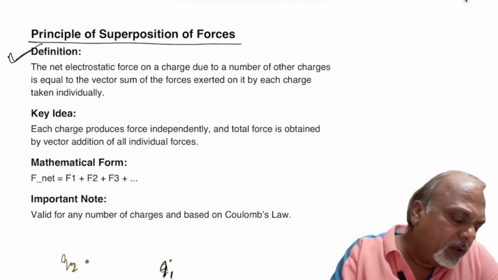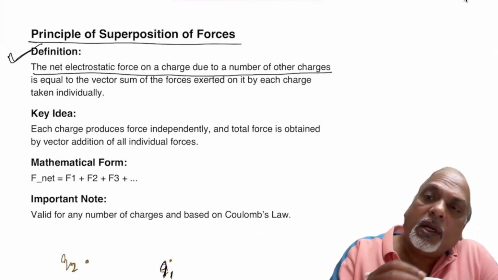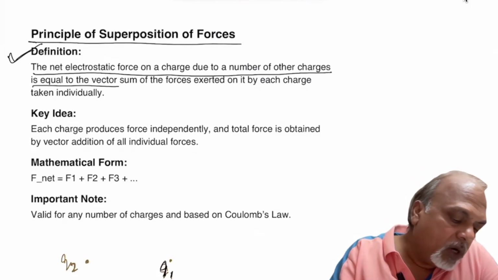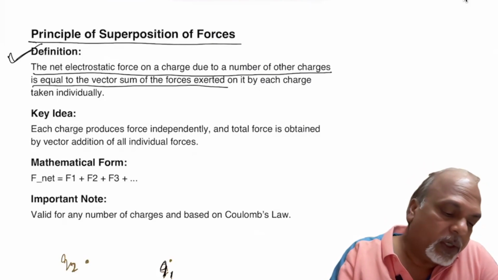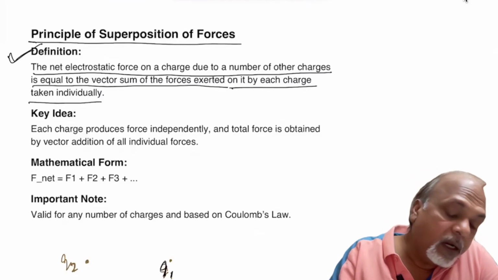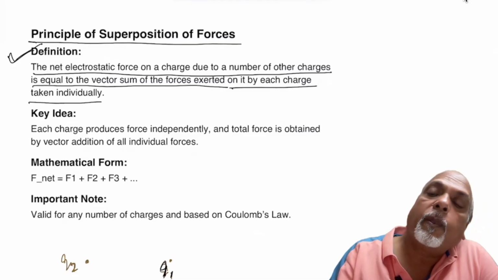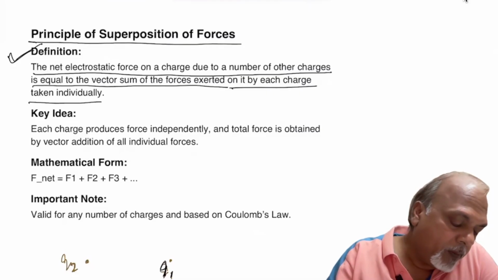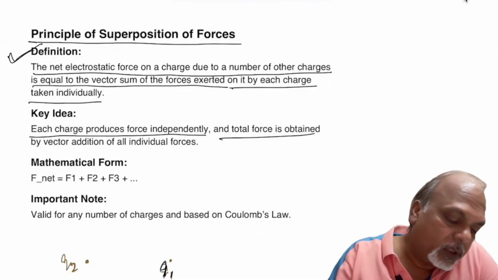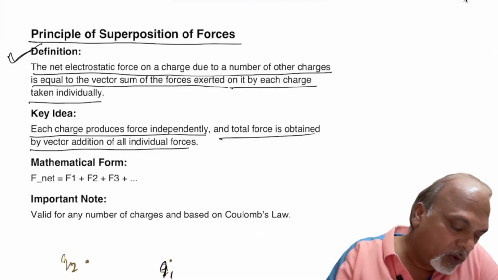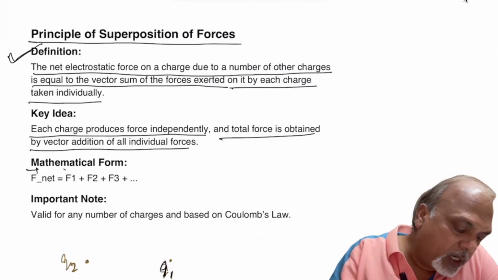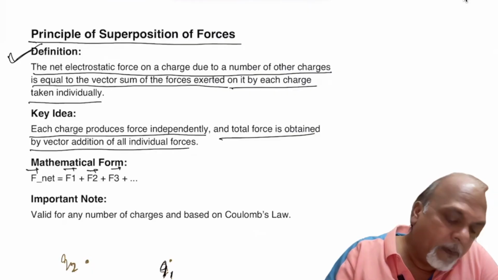What its definition says: the net electric force on a charge due to a number of other charges is equal to the vector sum of the forces exerted on it by each charge taken individually, correct? Each charge produces force independently and the total force is obtained by vector addition.